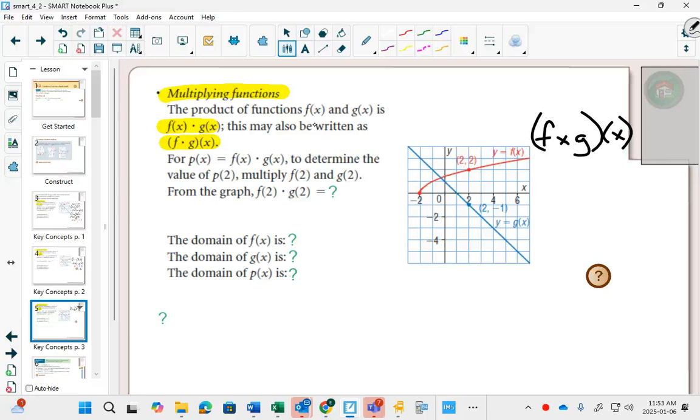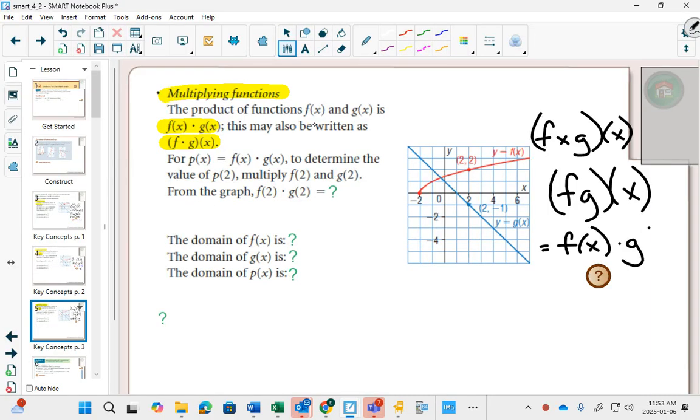So the one X is like thin, so it looks like a times sign, and the other X has serifs, so you can tell that the X's are different. That's really not nice. Sometimes they don't put the dot. Just f g x. Any of these ones, if you see them, change it to the nice notation first.